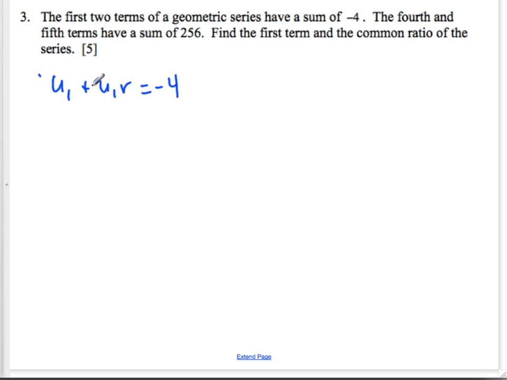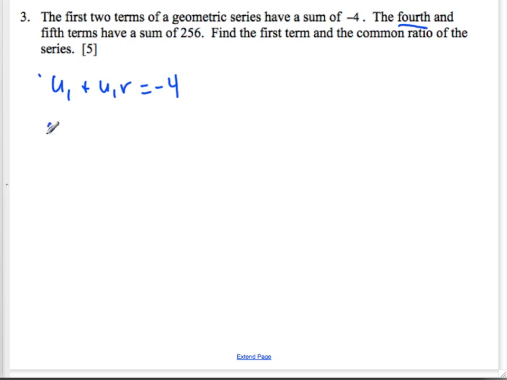And I have two variables here, and eventually this problem is saying find the first term and the common ratio. So that's two variables. It means I need two equations. Here's one of them. And the IB likes to do this when they have lots of different kinds of funky equations and you have to get the variables and eliminate them somehow. The second part says the fourth and fifth term have a sum of 256.